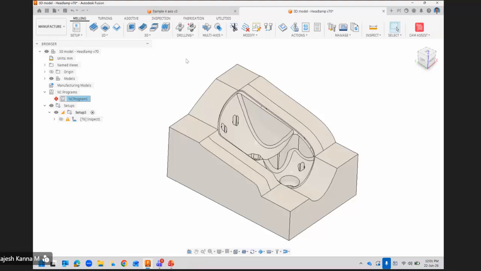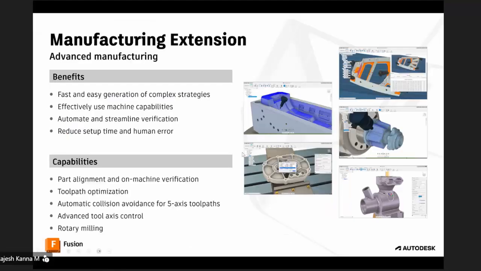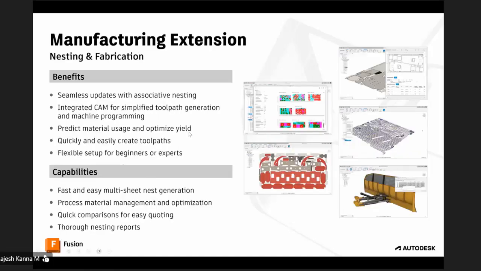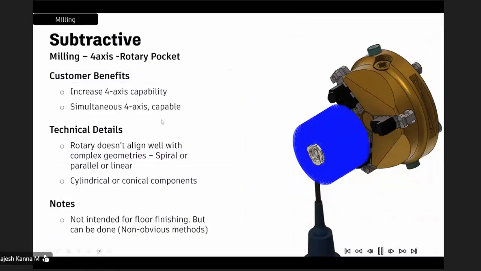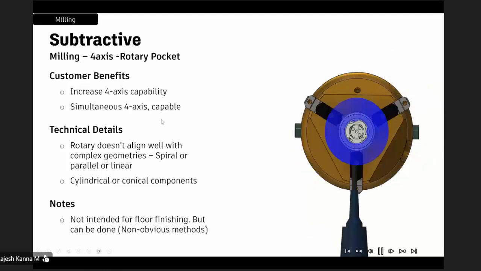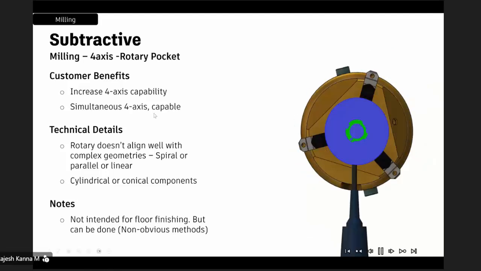So this is for manufacturing. You can do up to 5-axis turn mill parts, and even nesting and fabrication also. Okay, so I will take you through some of the important toolpath strategies based on your profile.